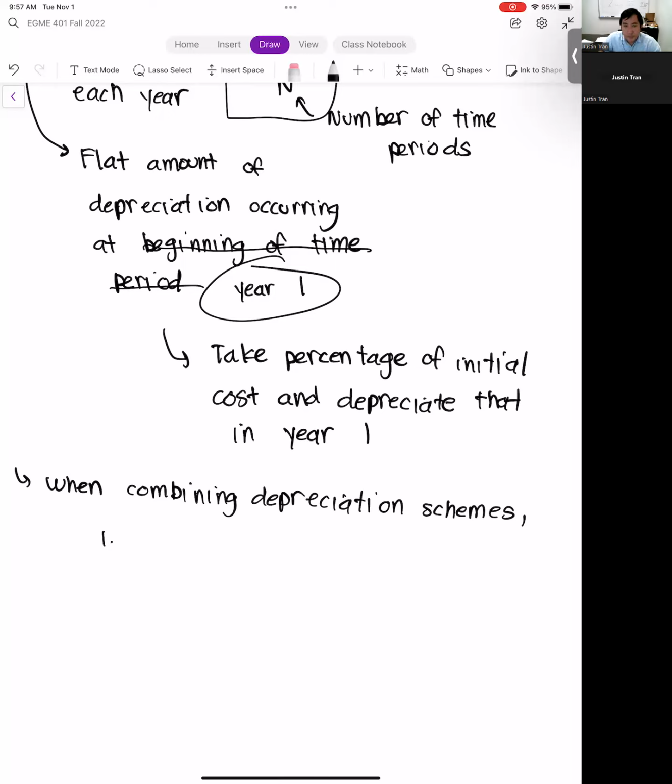First, you're going to compute the bonus depreciation. Next, you're going to compute whatever's left after the bonus.